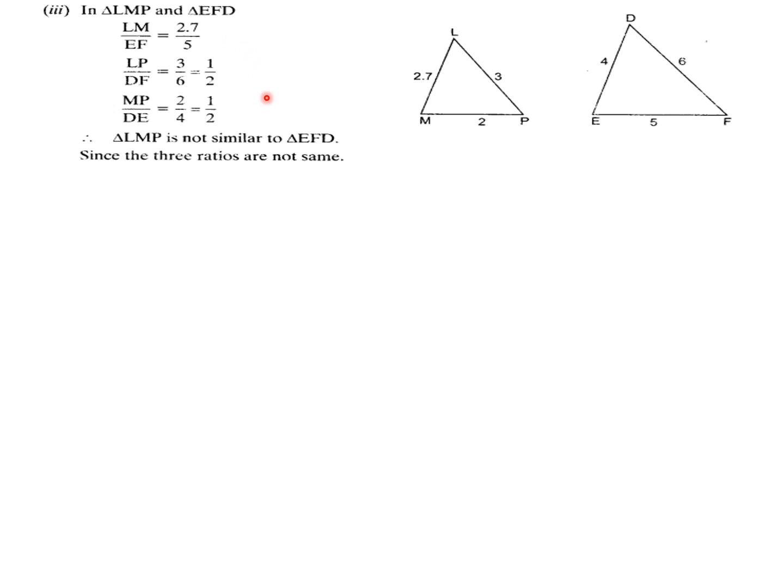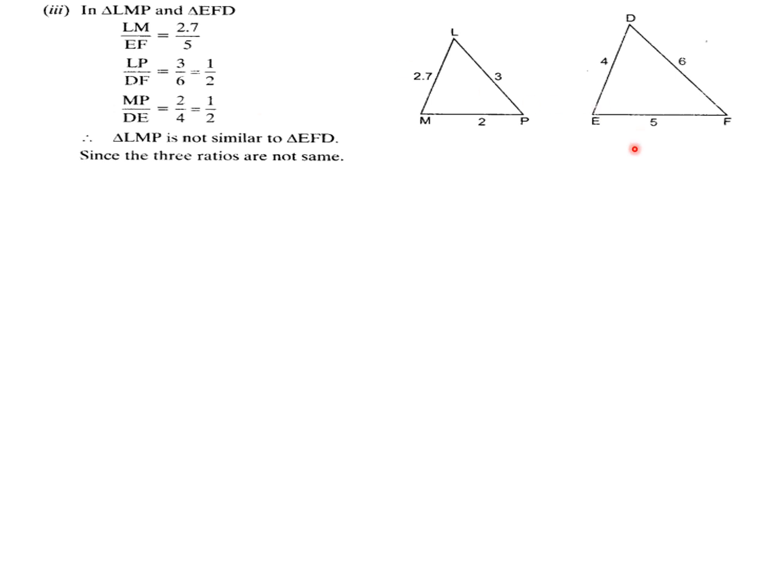Now in these types of cases, we can see that the SSS criterion will not stand here. So we cannot apply the SSS similarity criterion. But since we have a relationship between two corresponding sides or ratios, we can look at the third rule, that is the SAS rule: two corresponding sides and the angle between them.